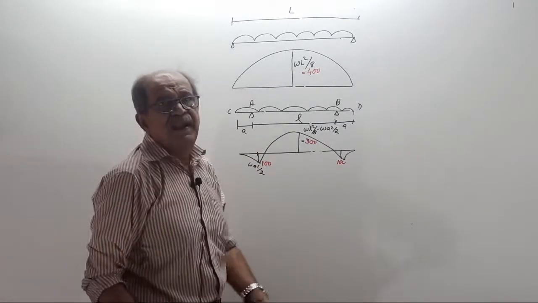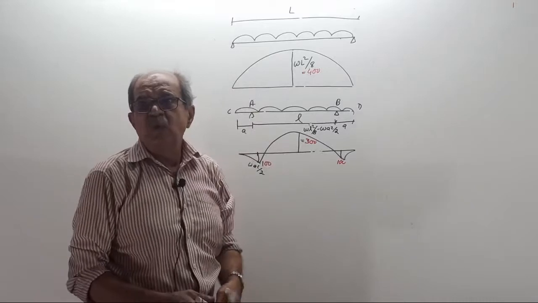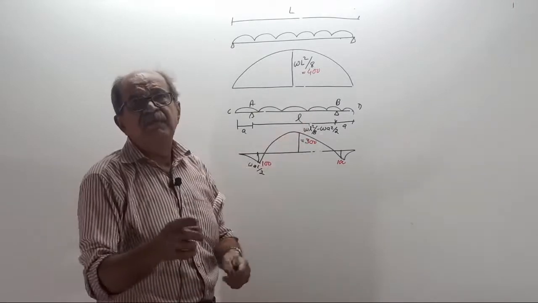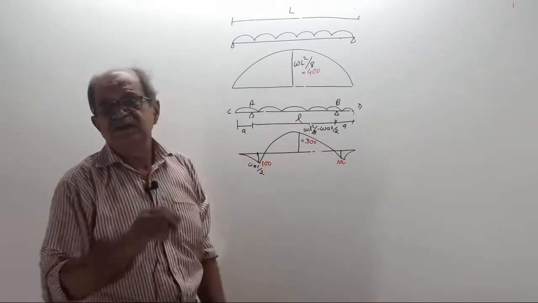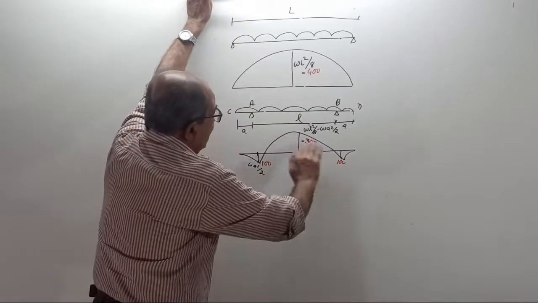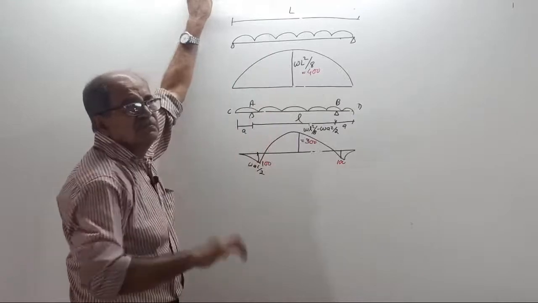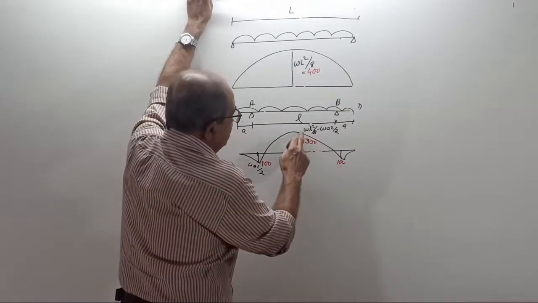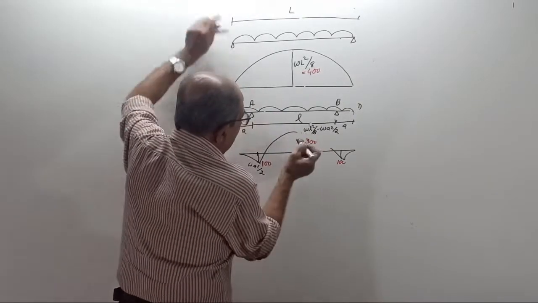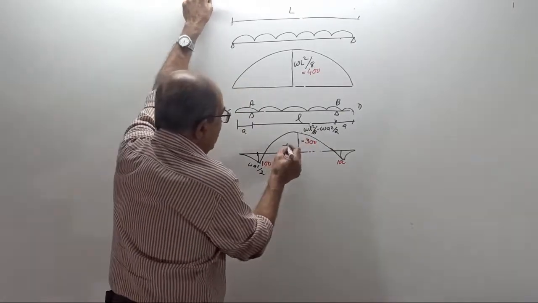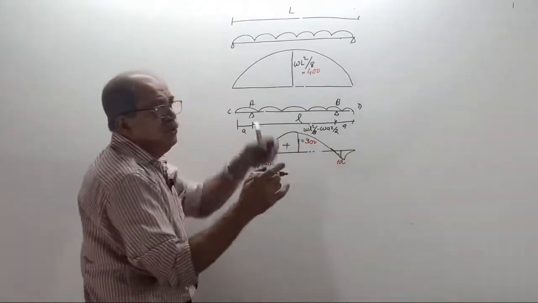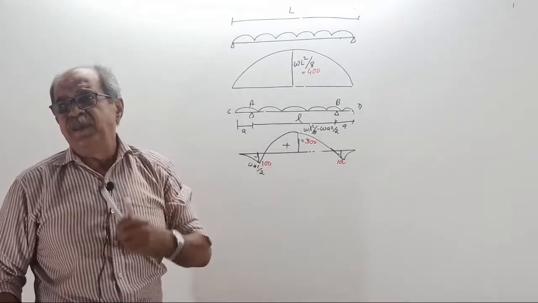Now, the bending moment we reduced. Now, you should design the beam for a maximum BM of not 400. Tell how much? Little odd, no problem. Those things I take care of. Now, this is sagging. This is hogging. Now you should design the beam for what BM? Tell me.